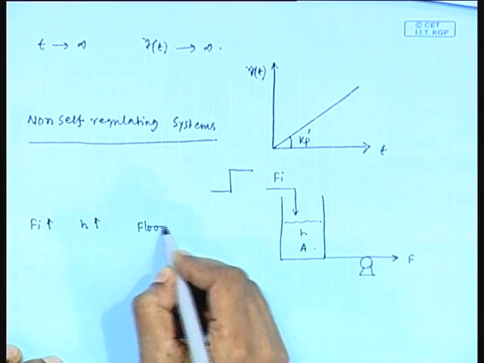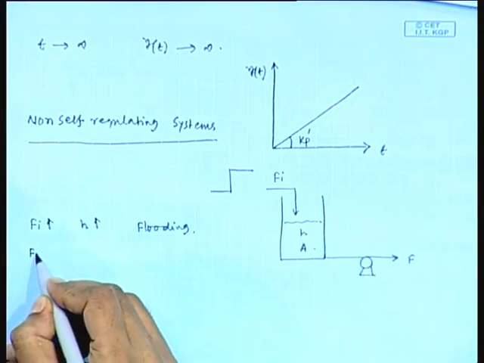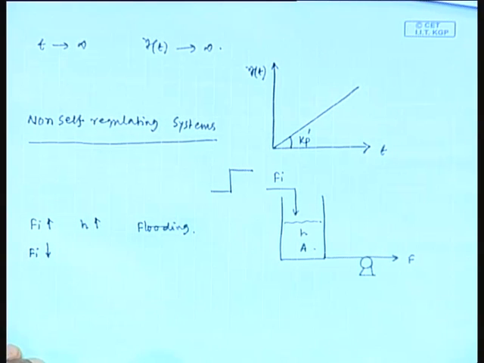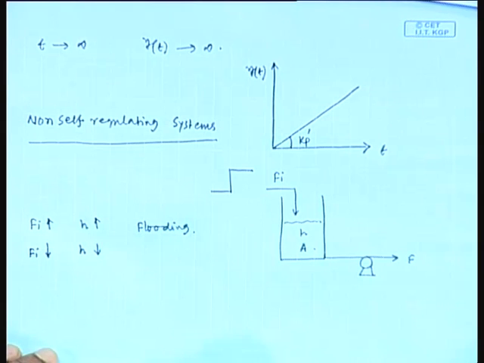So, flooding takes place. Similarly, if we decrease Fi, then height decreases because pump is delivering constant quantity and the tank becomes empty. Fine. That is why we called this process a non-self-regulating process.